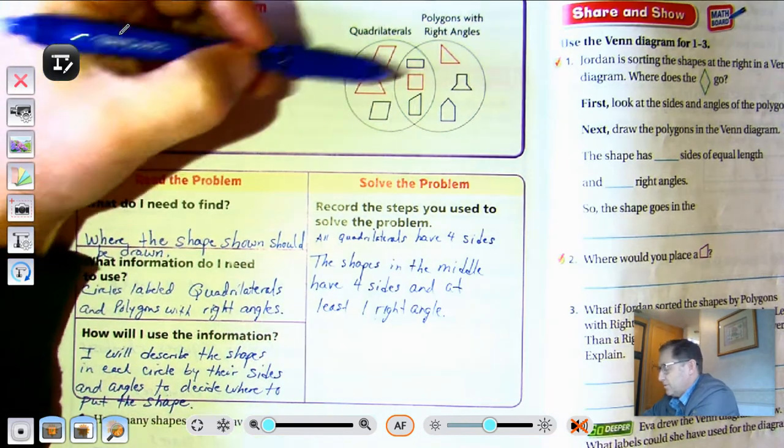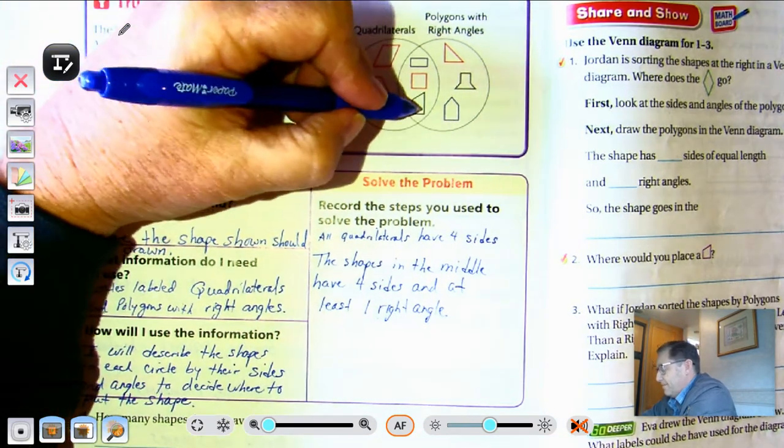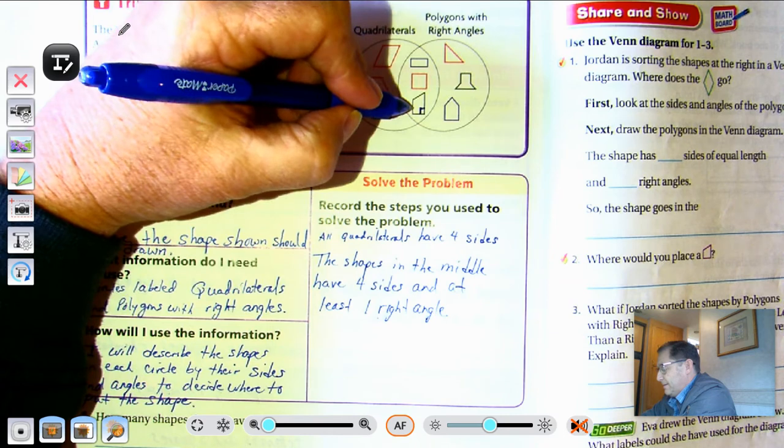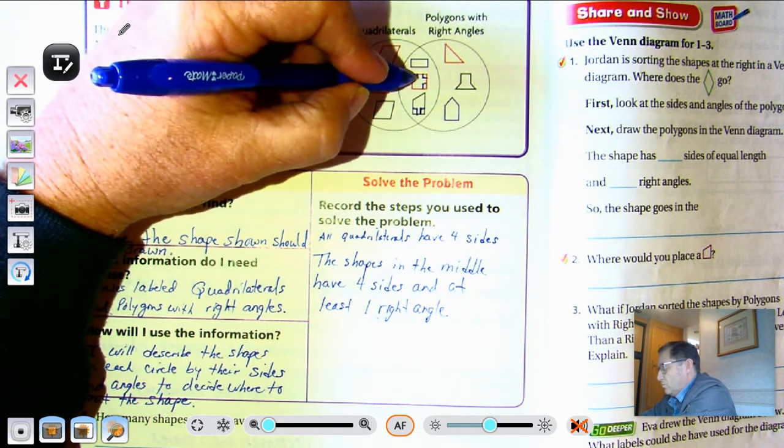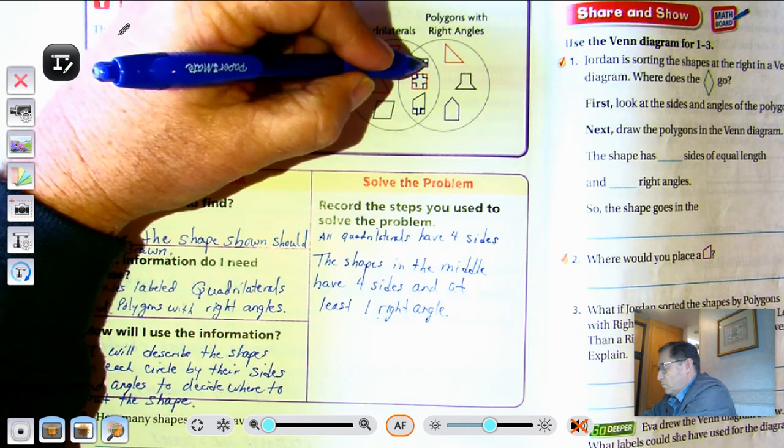Okay, right? So these are all four-sided figures and they have at least one right angle.